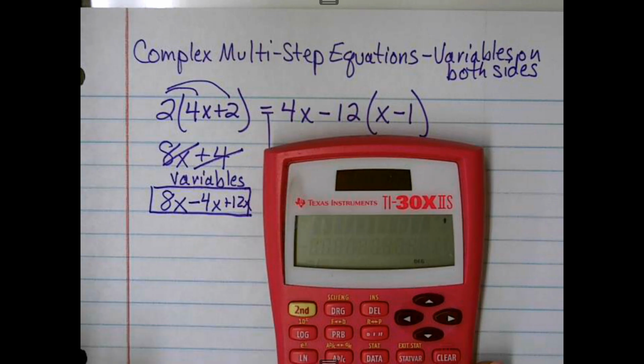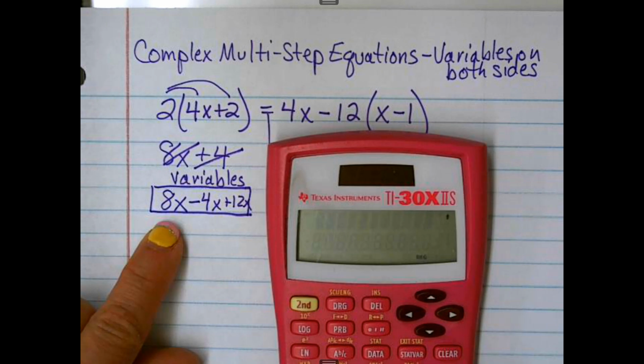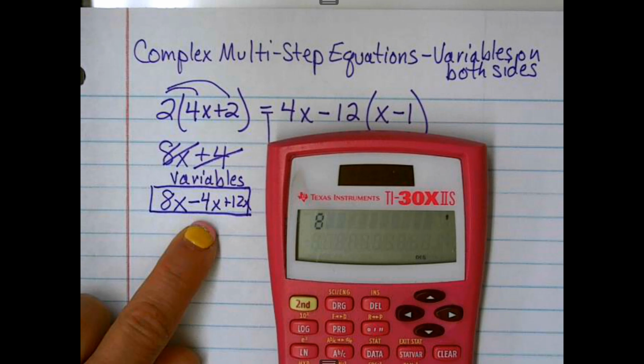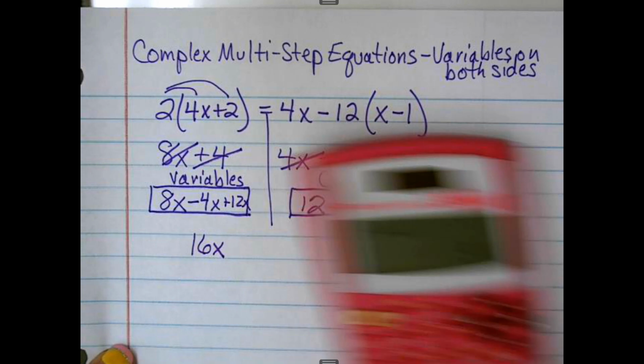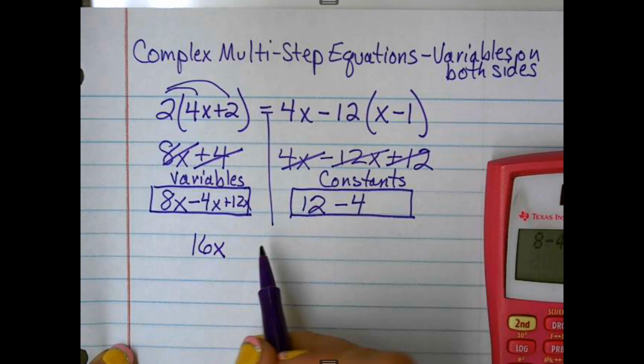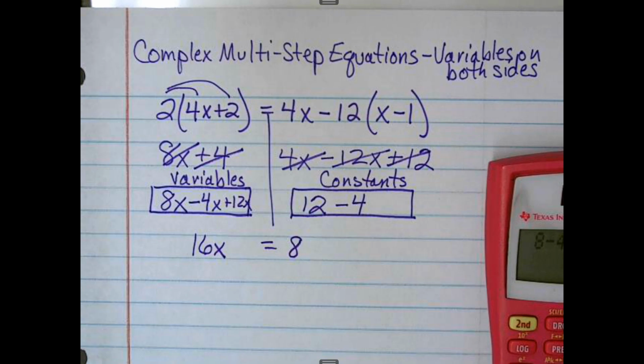So, of course, we can't type an x in our calculator, but we can do the coefficients. So I'm going to type in 8 minus 4 plus 12, and I get 16x. And then 12 minus 4 is 8. Now, you can do this by inspection. Well, I kind of told you I'm okay not doing that last step.